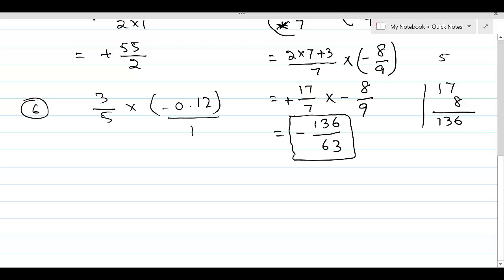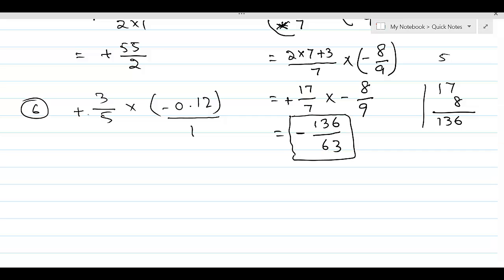It's 1, because whenever there is no denominator for a given decimal or a given integer, 1 is always the denominator. And what is the sign before 3 by 5? It's plus, obviously, because if it was negative, then negative should be written there.